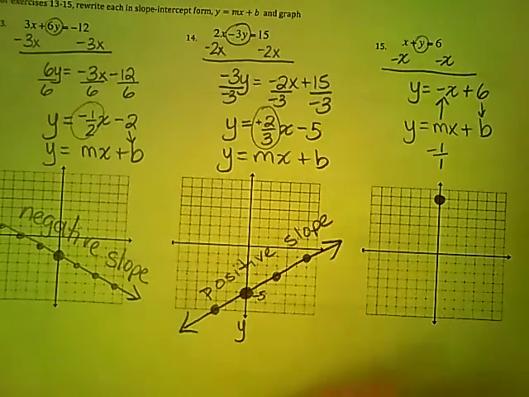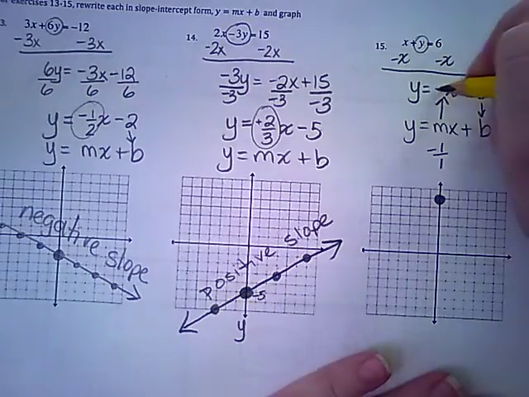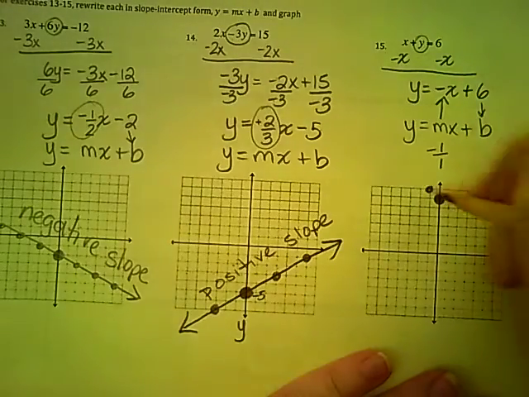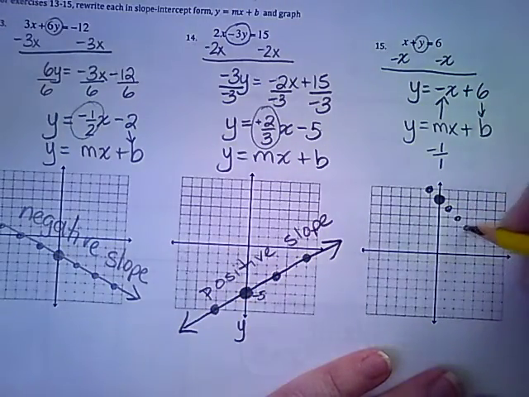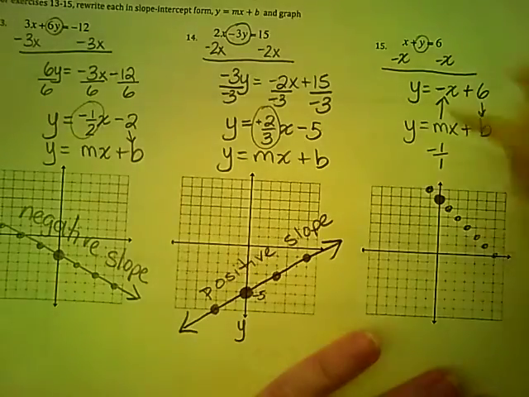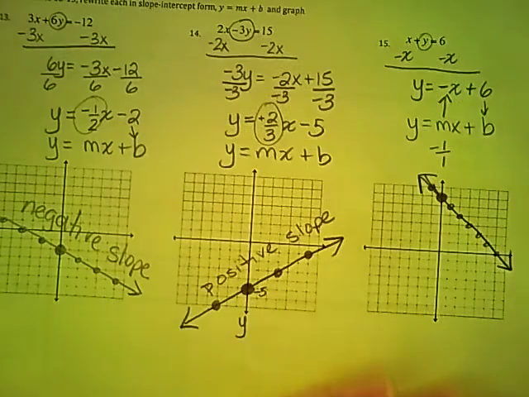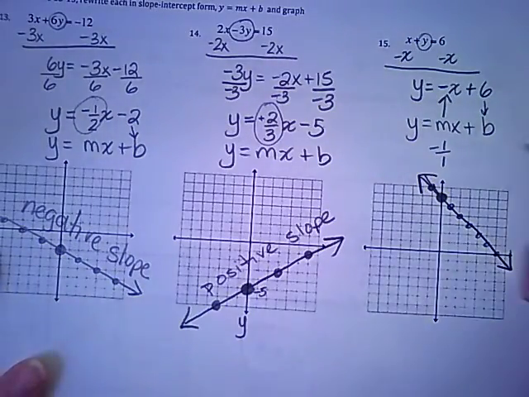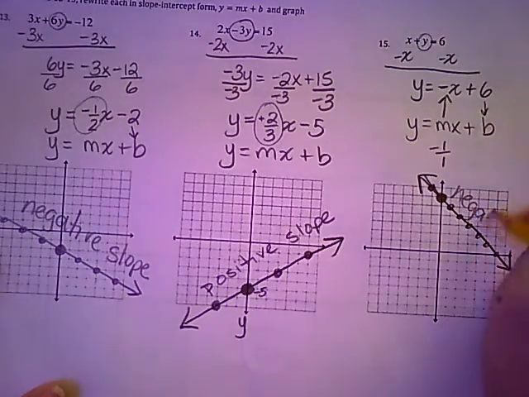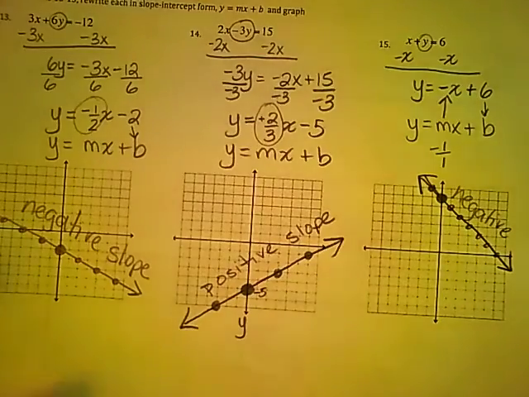We don't write a 1 or a negative 1 in math. We write just this sign. So up 1 over 1, down 1 over 1. Notice how this is a negative slope. Questions?